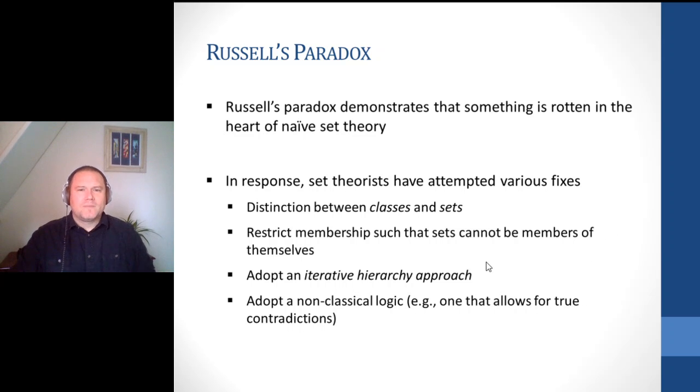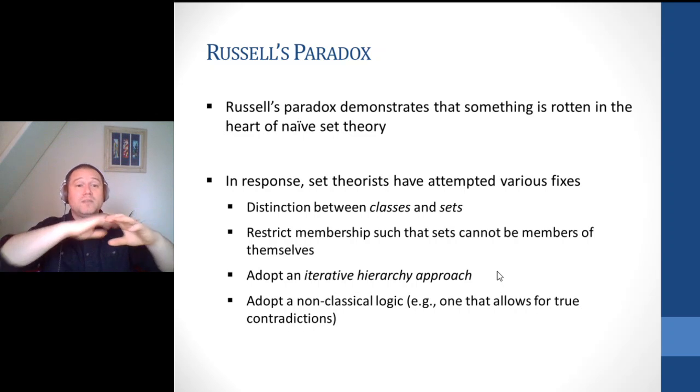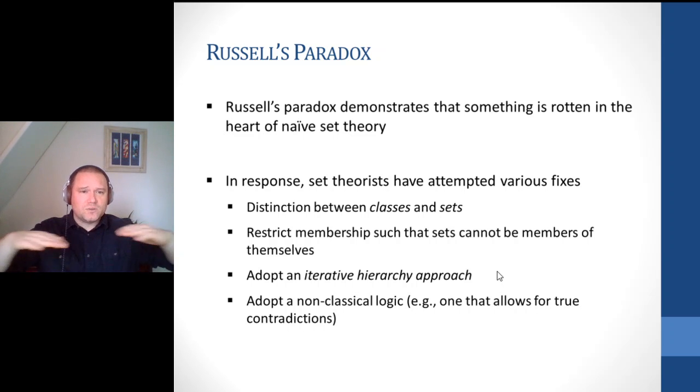It's not clear. One move that's been favored quite a bit is to adopt what's often called an iterative hierarchy approach to set theory. So the idea here is that we can apply the axiom of comprehension, but only at certain levels. So what we can do is we take our elements and we generate all the sets we can from them. And that now gives us another layer, namely all the sets we've got from our individuals.